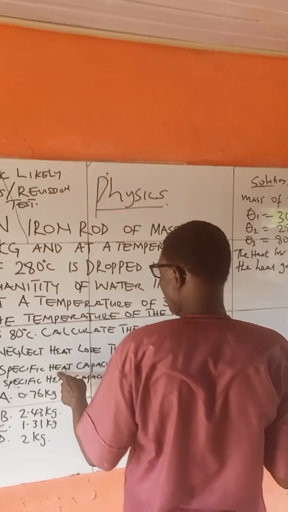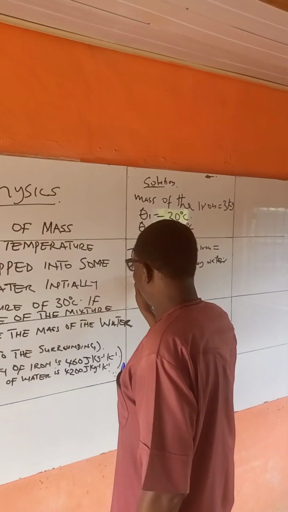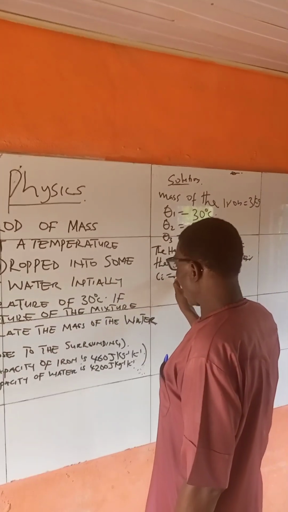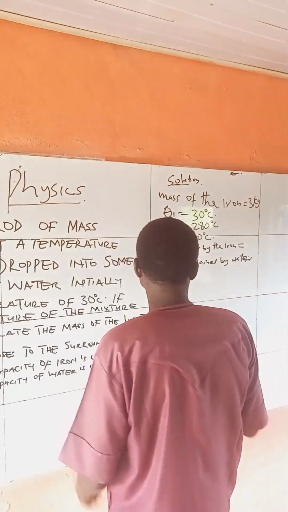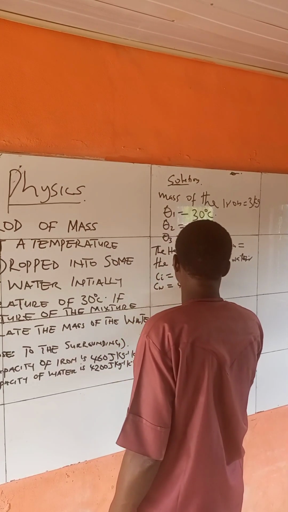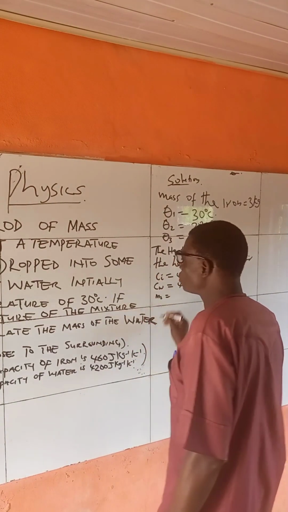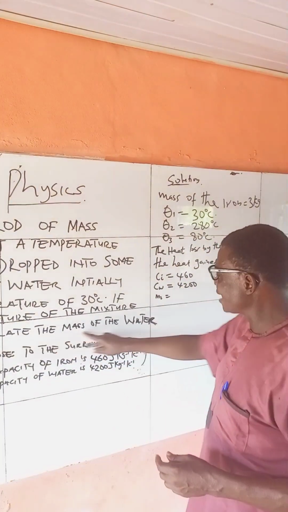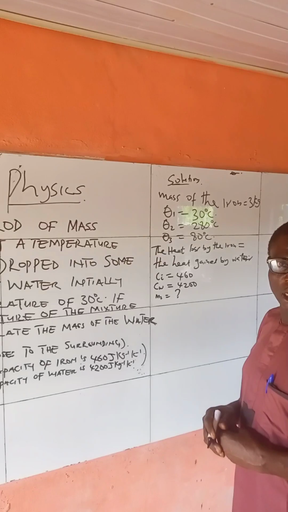Now we are given the specific heat capacities. Let's call the specific heat capacity of iron Ci, so Ci is 460. The specific heat capacity of water we call Cw, which is 4,200. Then M2 is the mass of the water, and that is exactly what we are looking for, so we put a question mark.